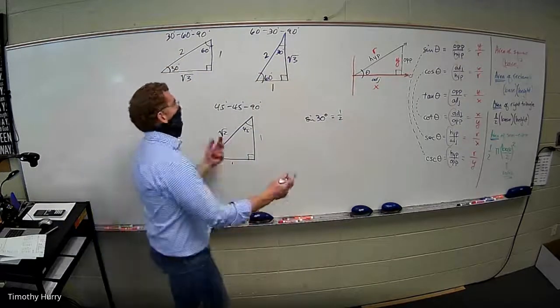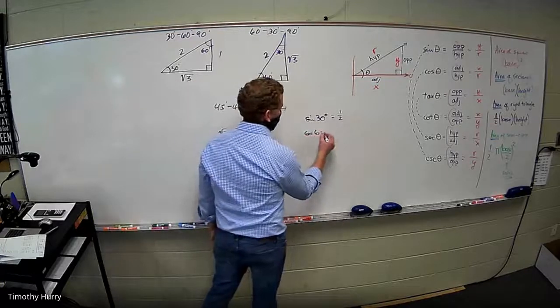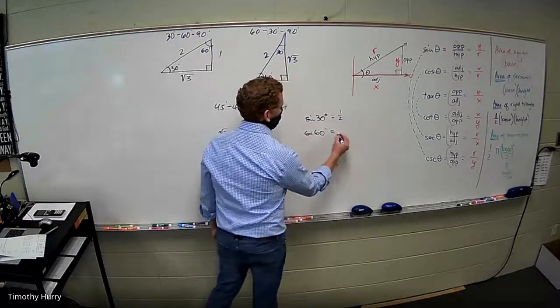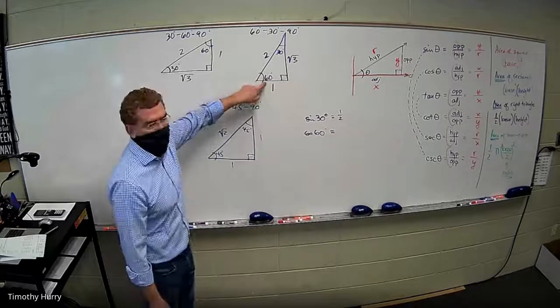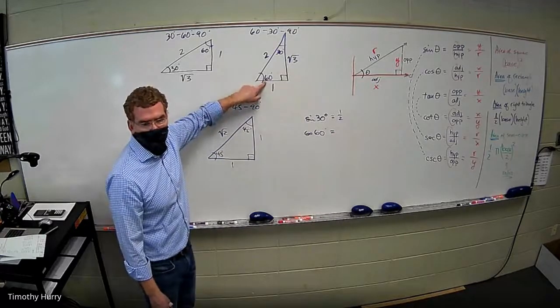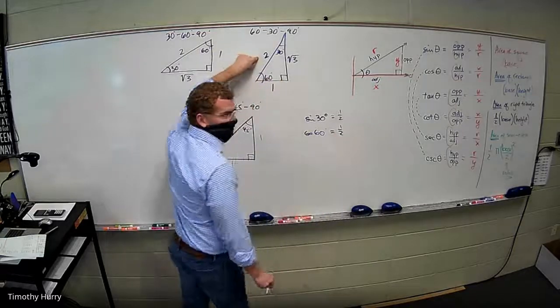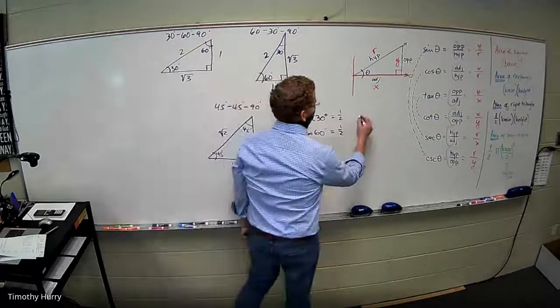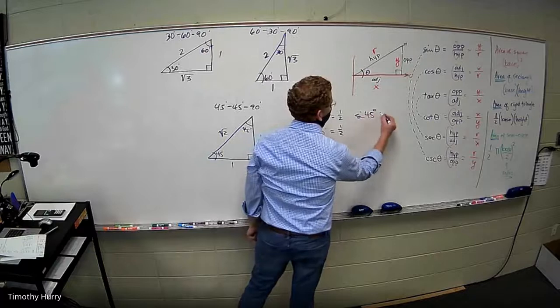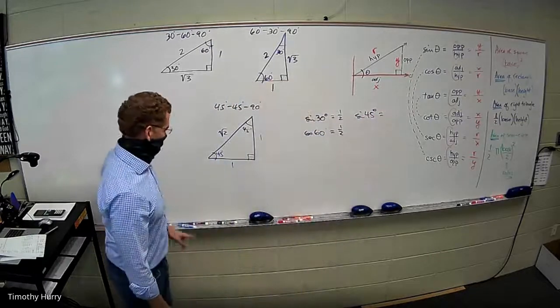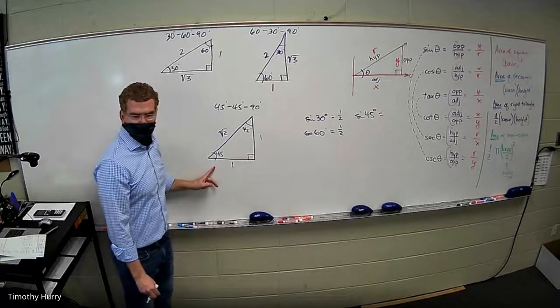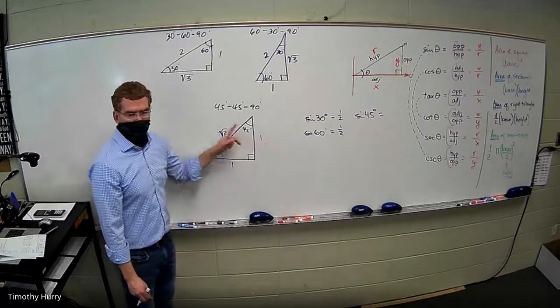What if I said, hey, I want you to find the cosine of 60? How do I find the cosine of this 60? I do adjacent over the hypotenuse. What if I said, hey, I want the sine of 45? Sine of 45, what is it? 1 over root 2.